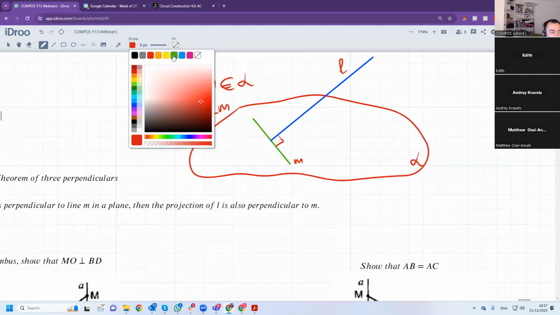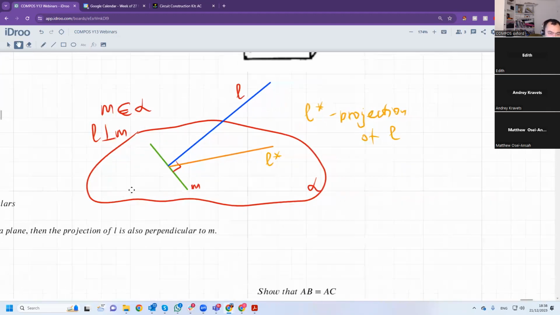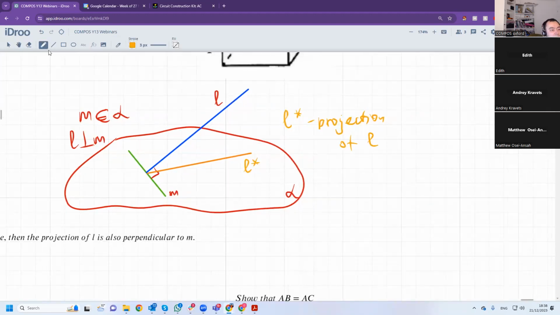Now, L has a projection. And let's say L star is a projection of L. That means, according to the theorem of three perpendiculars, L star is also perpendicular to M as well. Okay.